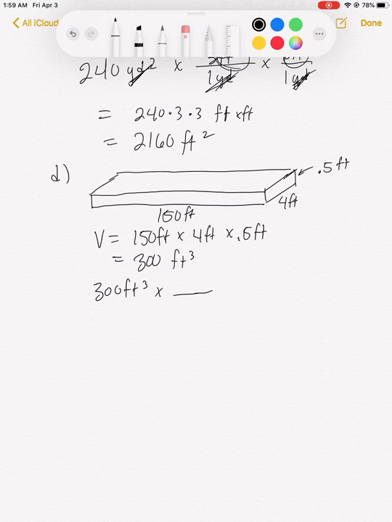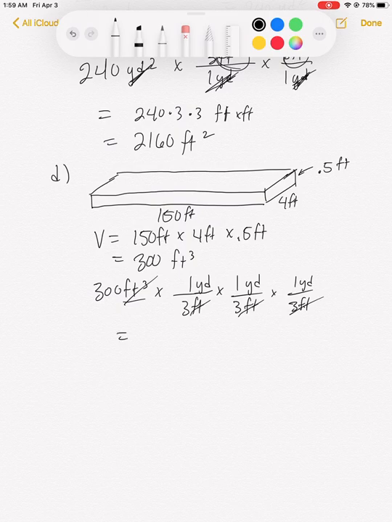So I know that there's going to be 3 feet in 1 yard. Okay, and I need 3 sets of feet to cancel with those feet. So I'm going to write this string together, 3 conversion factors of 1 yard for every 3 feet. Okay, so these 3 sets of feet will cancel with those 3 sets of feet.